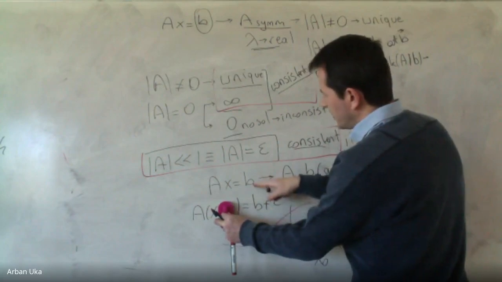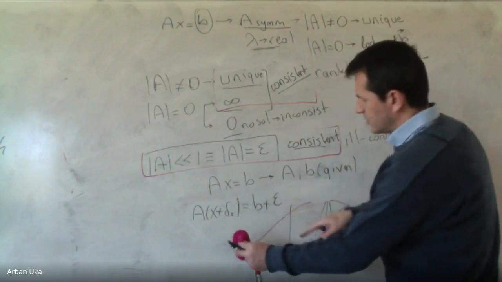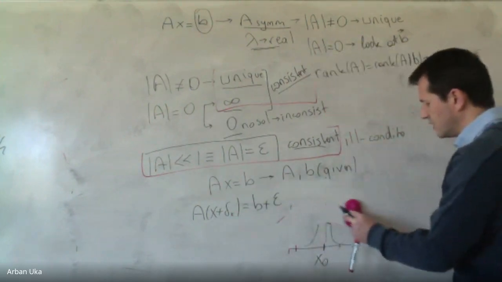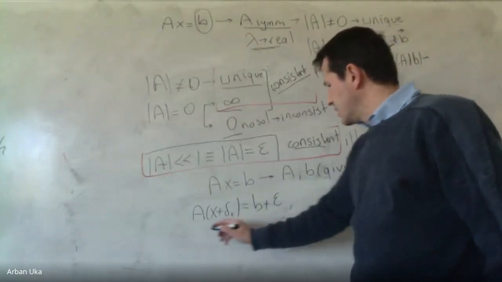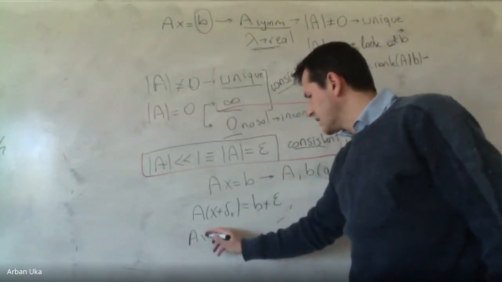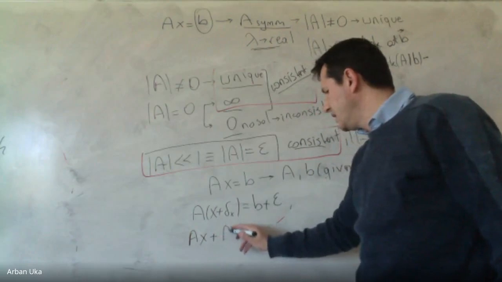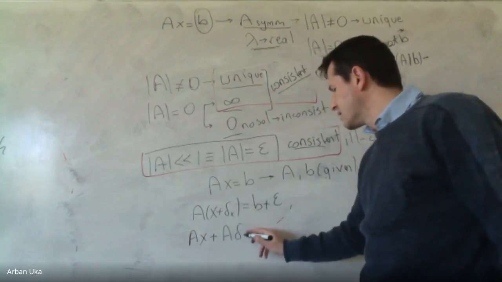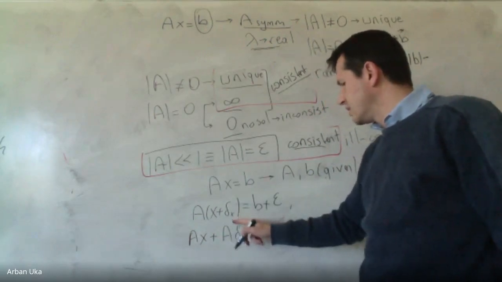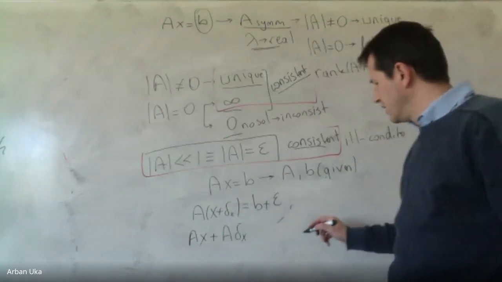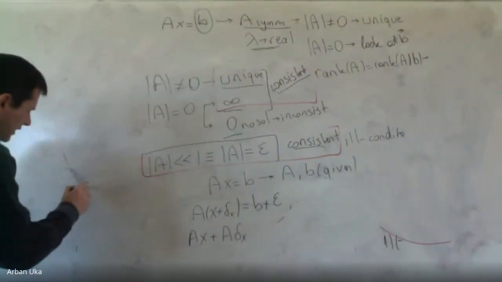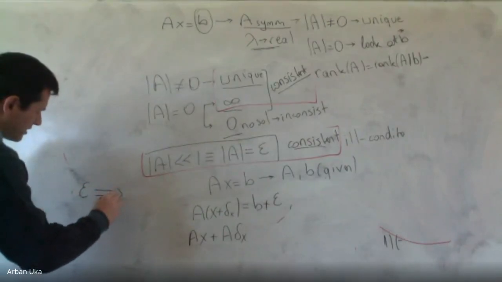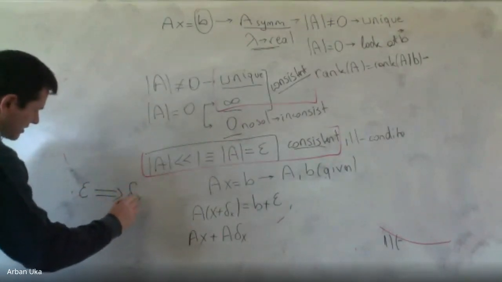And this perturbation in the b, in the answer vector, we add some epsilon value. That's something that we are changing. And then we try to solve this one. We get here Ax plus A times this perturbation. But this is a result, okay? So the idea is that this epsilon in b implies this change in x.